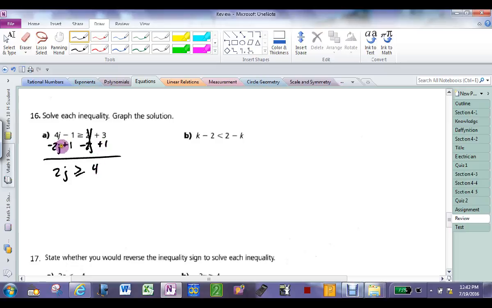I've only added and subtracted, so I don't change the sign. Then I divide by positive 2. Does the sign change? No. Then I graph it. 4, circle, color, follow the line because letters first. Should be 2. Thank you.